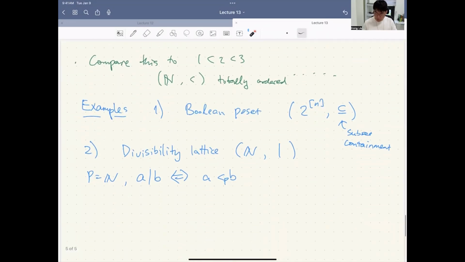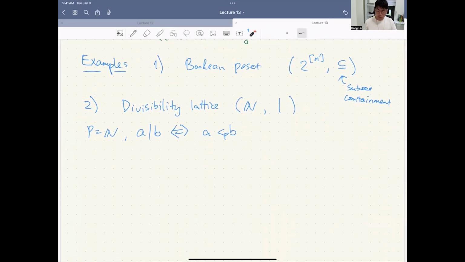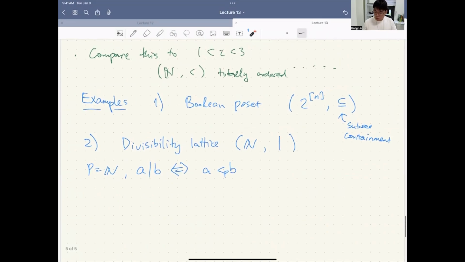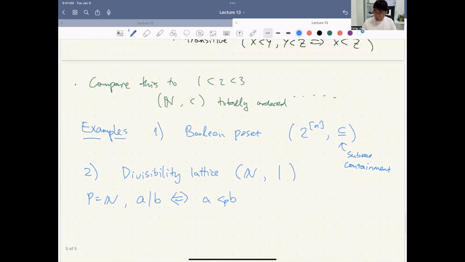So this diagram, we draw it in this Boolean lattice, right? If n equals 3, we have seen this one. This is n equals 3.